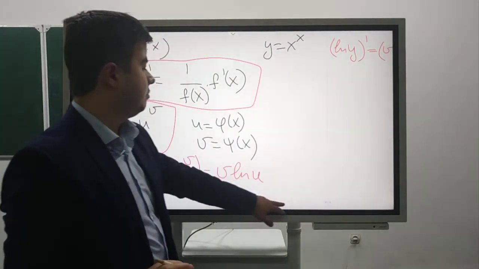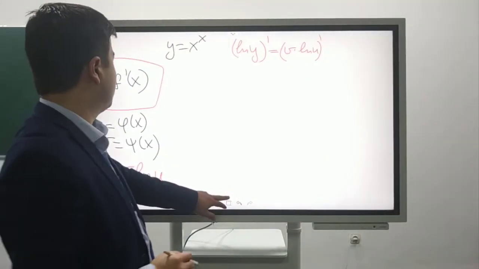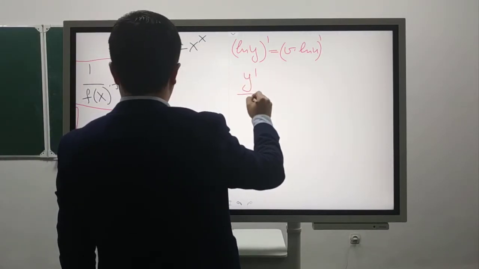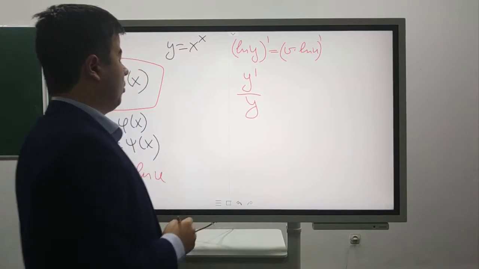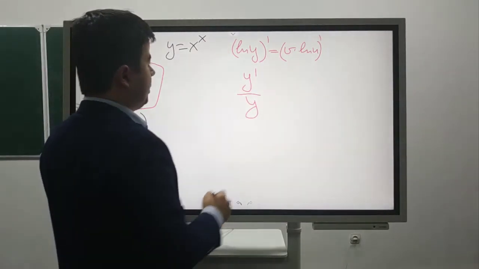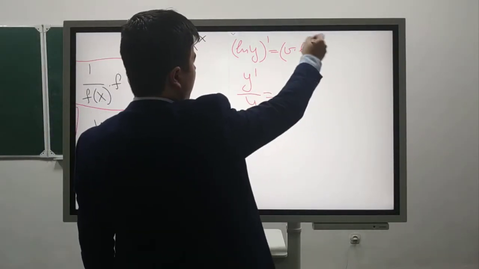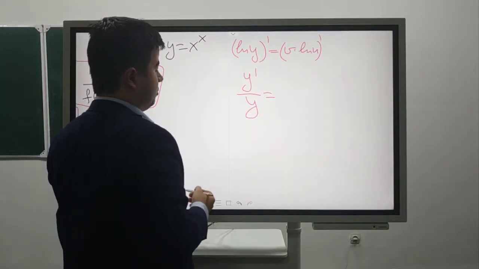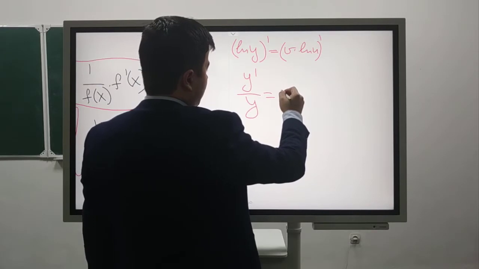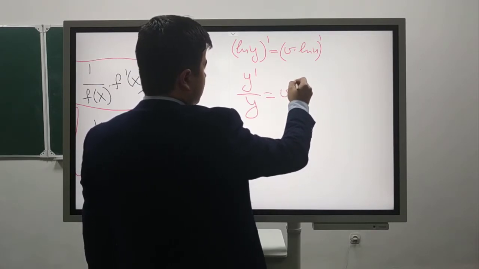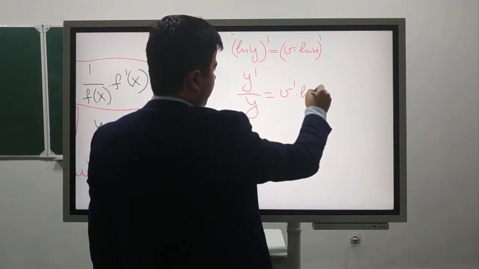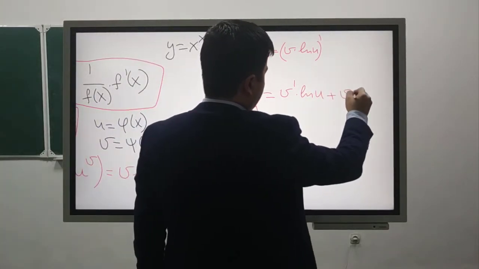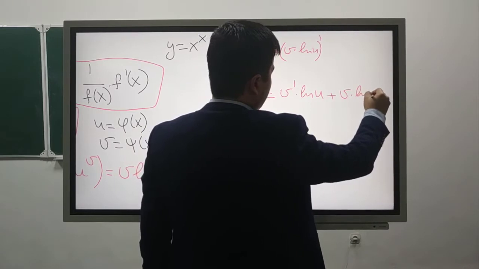We can write here y prime over y, y prime over y, and here let's use the formula for the derivative of a product. So it is v prime times natural logarithm of u plus v times natural logarithm of u prime.